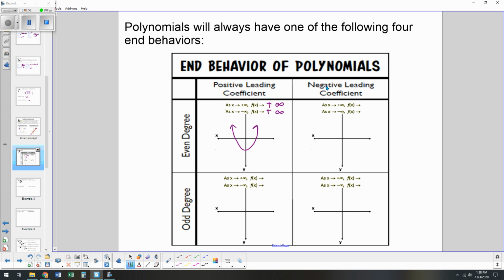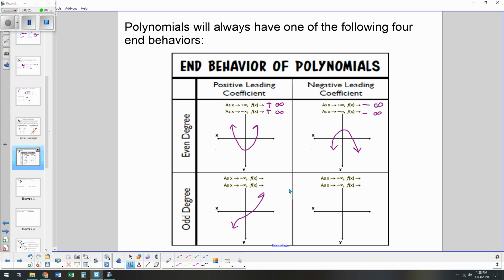So negative leading coefficient even is actually going to be upside down. Remember a reflection when we were doing our transformations? So as x is going to positive infinity, the arrow is pointing down, so it's going to negative infinity. And on the left side of the graph, as x goes to negative infinity, it's also pointing down, so another negative infinity. Odd positive is going to look something like this.